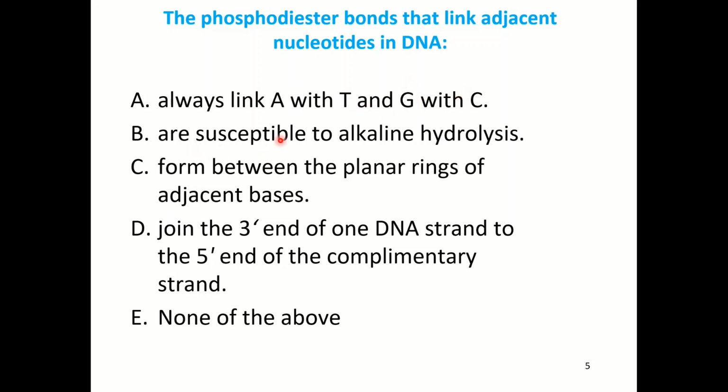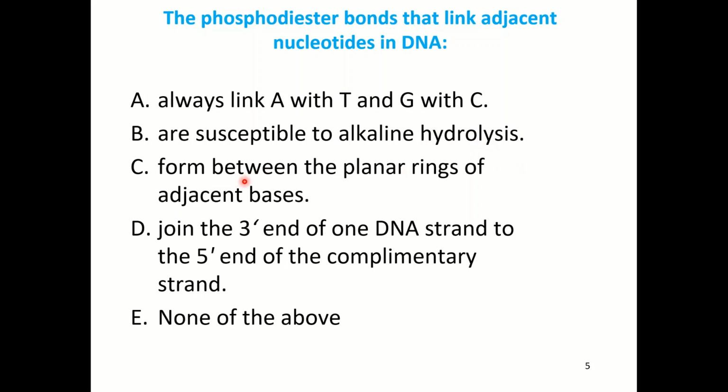Are susceptible to alkaline hydrolysis? That is incorrect, because in DNA you don't have that 2' OH group, so you don't have the same reactivity or ability to hydrolyze those bonds so easily.